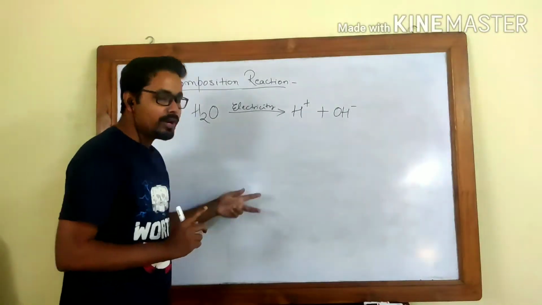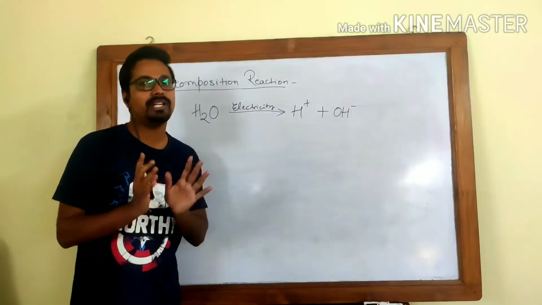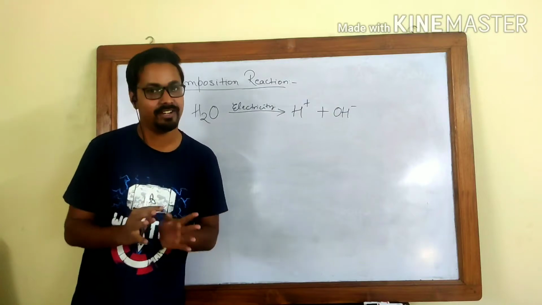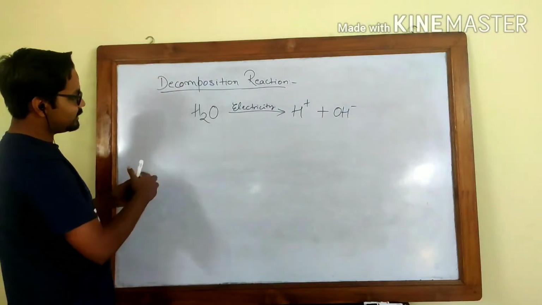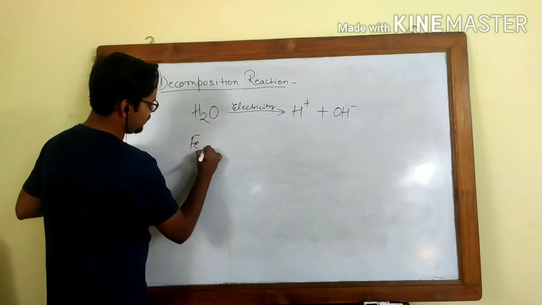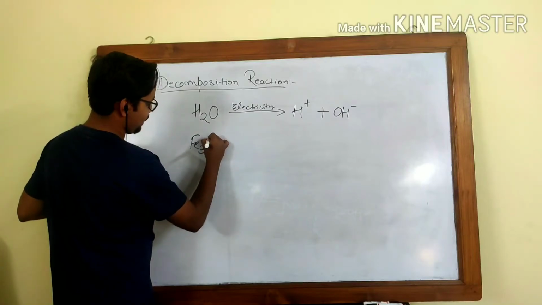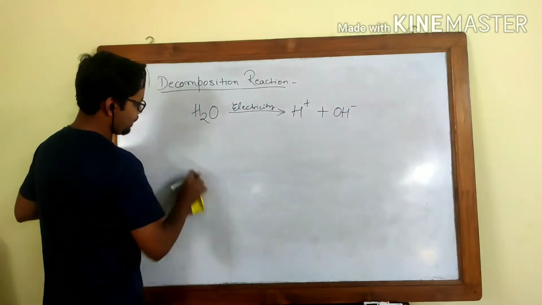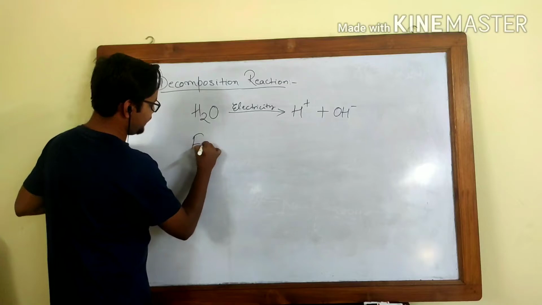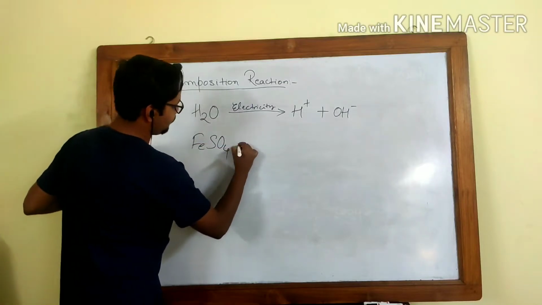I'll be giving 2 more examples, and these 2 examples will be different, and we will see how they are different. Okay, let us look at another example where we have ferrous sulfate, FeSO4.